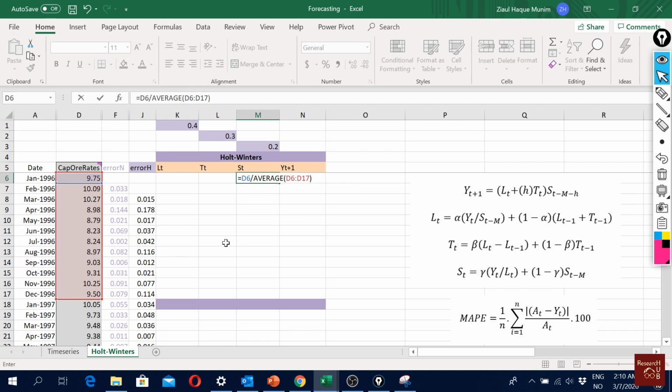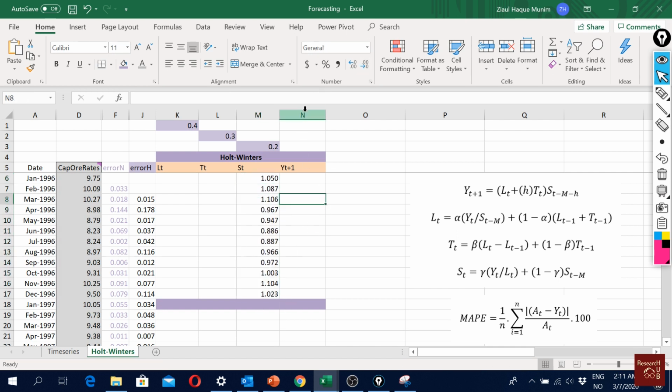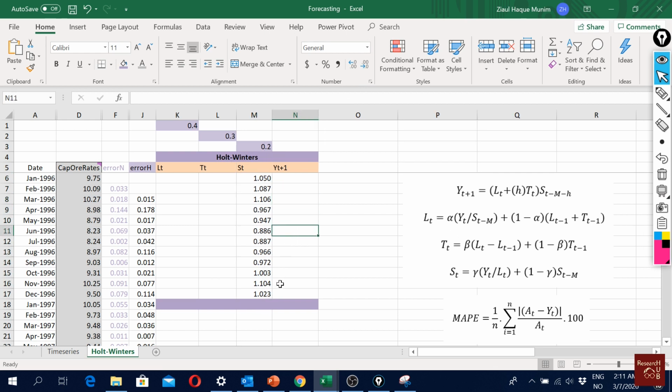Then we have to fix it, so I'm going to use F4 to fix it. So this is how we will get a seasonal value, and then we just drag it for all the 12 periods, and I'll make it up to 3 points. So that's how we have calculated our season, and we can use it to forecast future values.